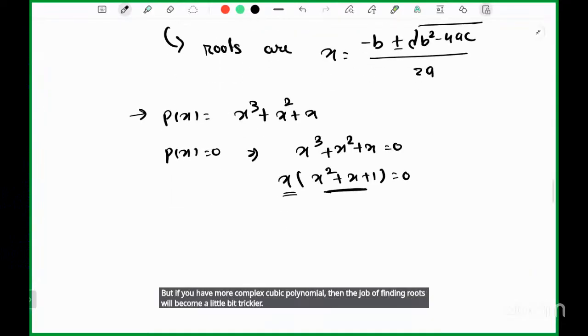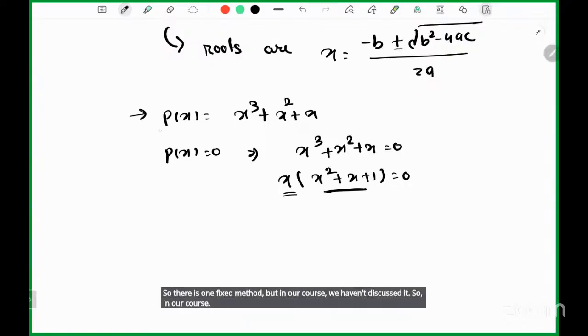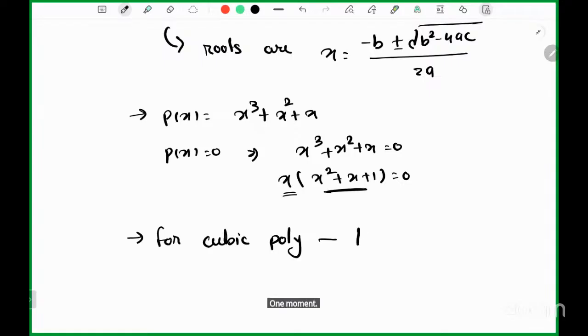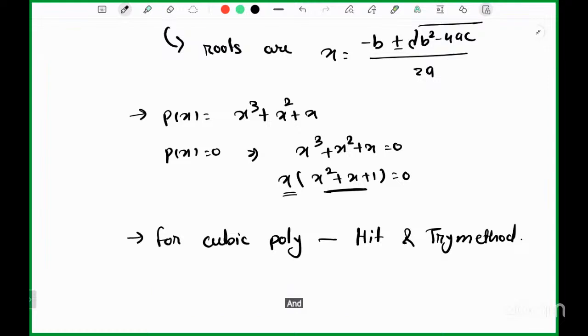There is one fixed method, but in our course we haven't discussed it. So in our course, for cubic polynomials, you'll use the hit and try method. I hope you guys are familiar. Hit and try method means just randomly putting some number into p of x and observing whether it becomes 0 or not.